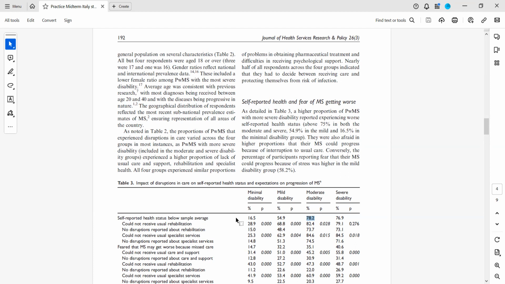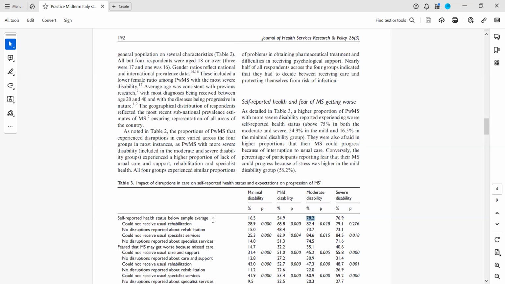Right. So it's just the amount of people that were. Right. It's not that they had work. That's right. So this is the percentage of people who reported that they were below the sample average, right?